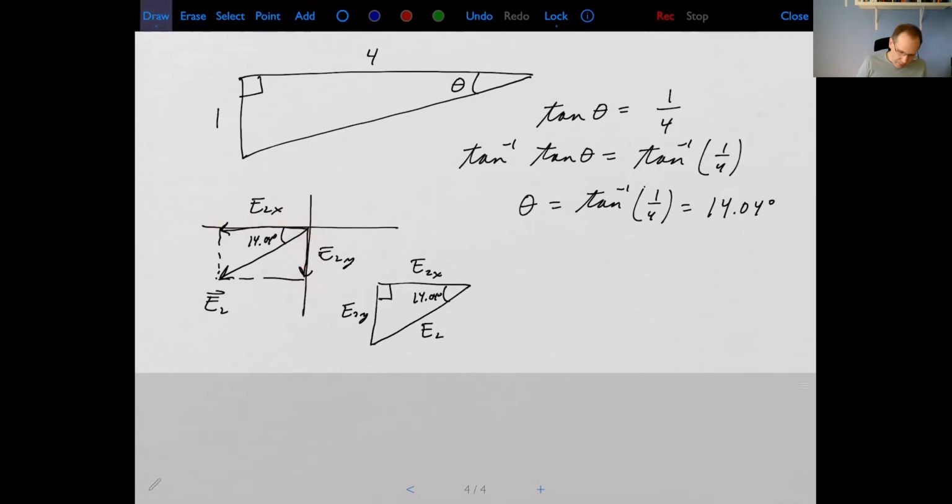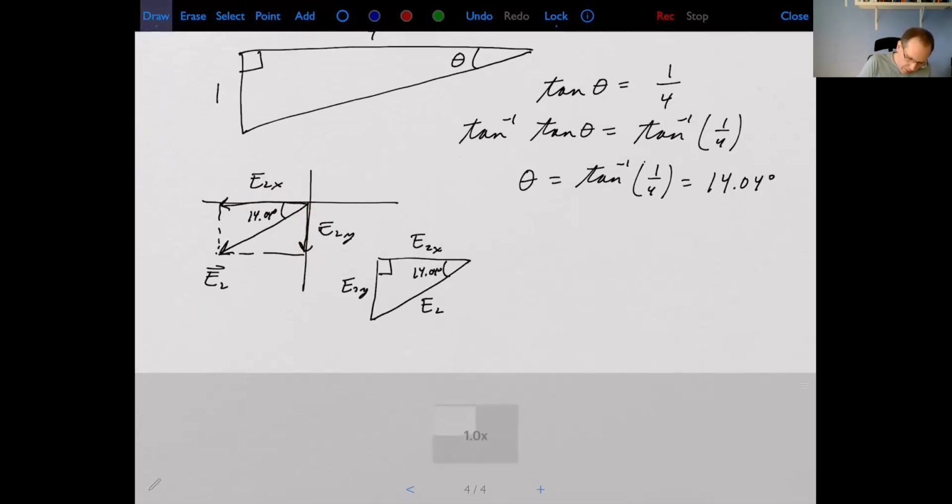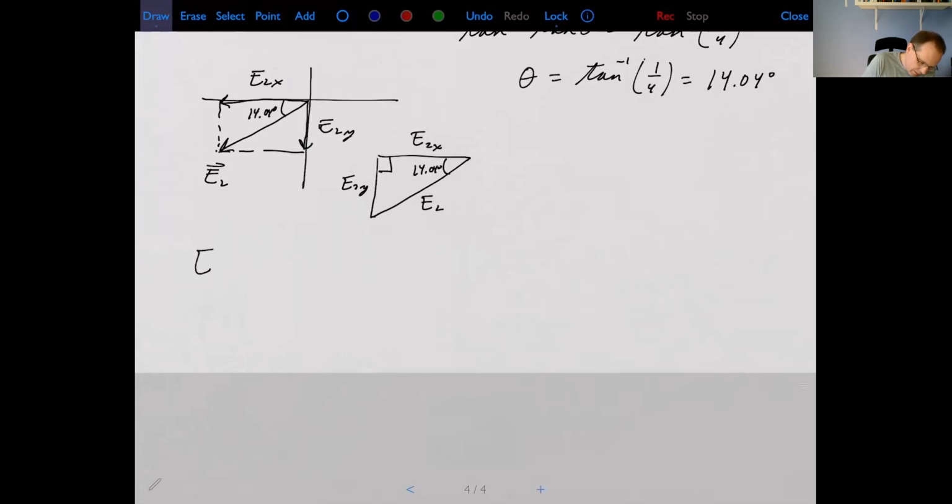So in this case, I can say that E2x is going to be negative the magnitude of E2 times cosine of 14.04 degrees. We know the magnitude of E2, right? That was 3.18 times cosine of 14.04 degrees. And that's around negative 3.08 volts per meter.